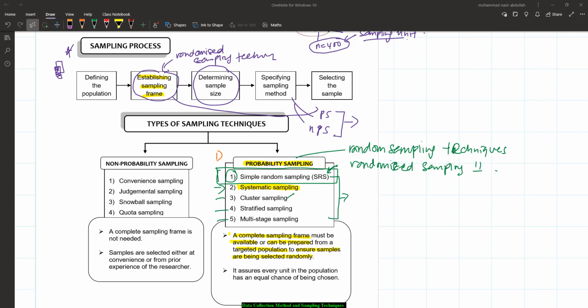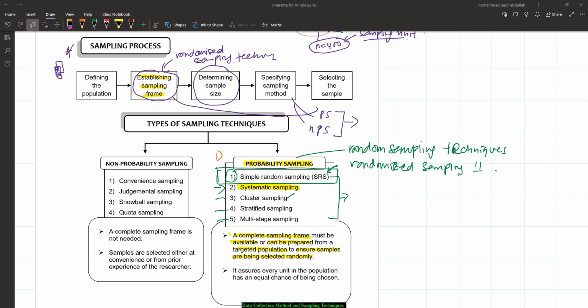So it is nearly impossible to get the full list of members in that area. Sometimes the people we get on the list may have died, or migrated to other places, right? So it is very hard to get a full list of the sampling frame.